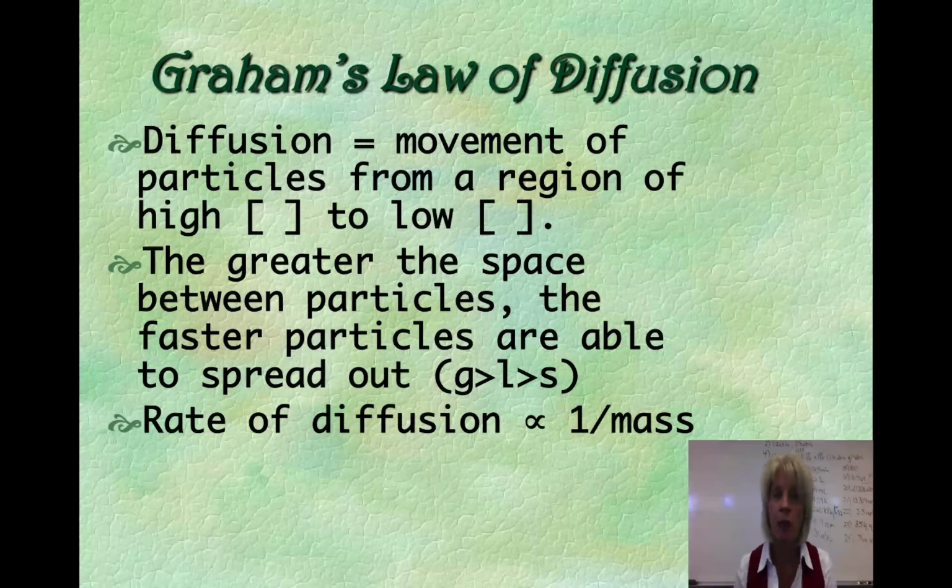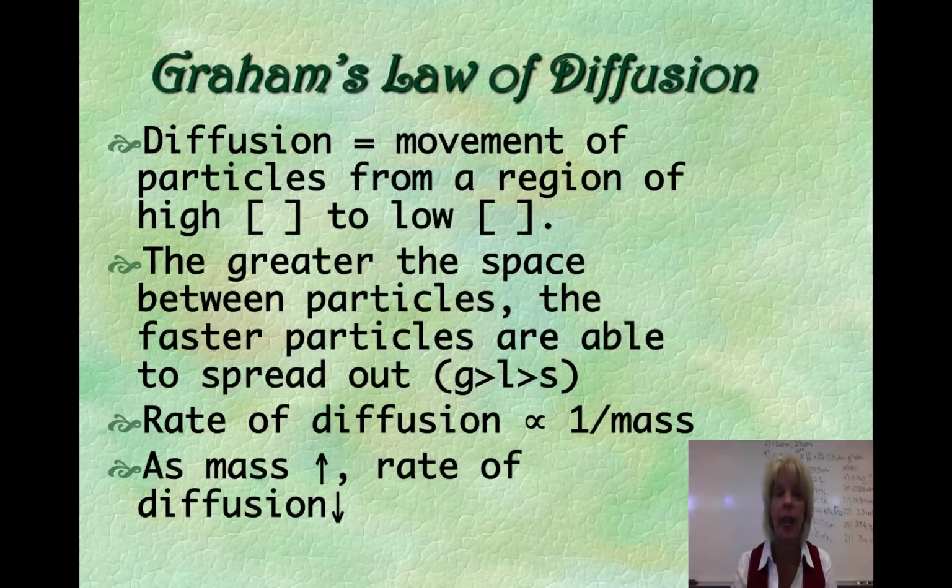The important thing about Graham's law of diffusion is this: the rate of diffusion is inversely proportional to the mass of the gas. What that means is this: as mass increases, the rate of diffusion decreases. Particles with a greater mass are going to diffuse more slowly.